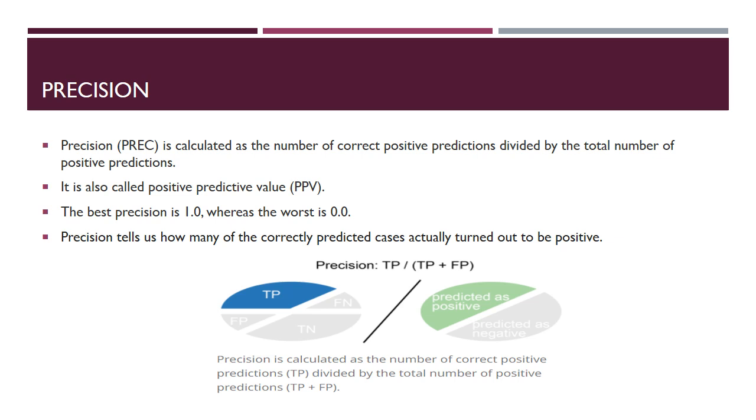Now let's come to another evaluation metric, that is precision. Precision is calculated as the number of correct positive predictions divided by the total number of positive predictions. It is also known as positive predictive value. So its value is again between 0 and 1. And precision tells us how many of the predicted positive cases actually turned out to be positive.